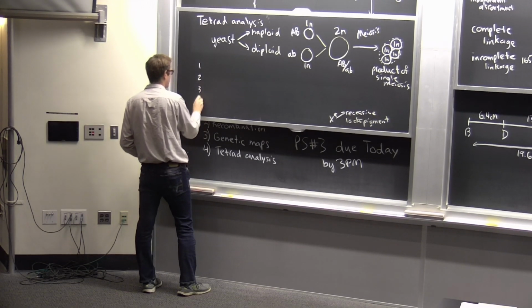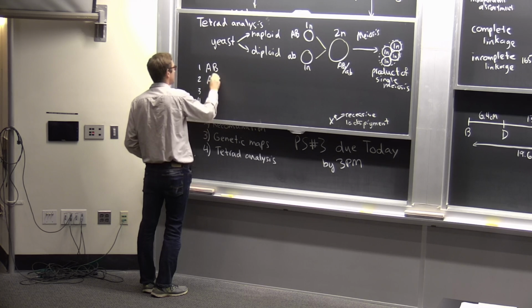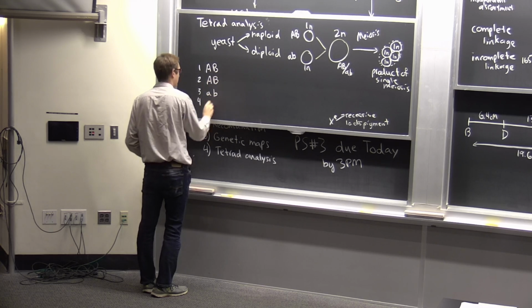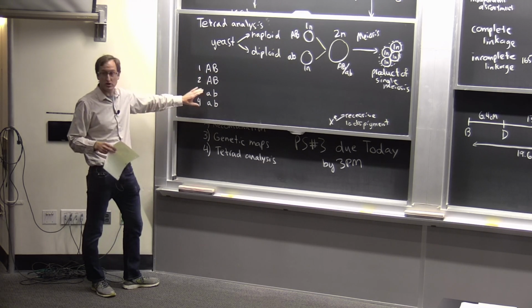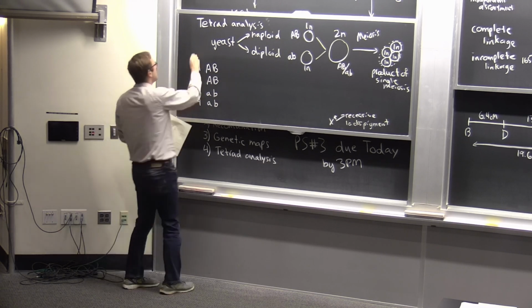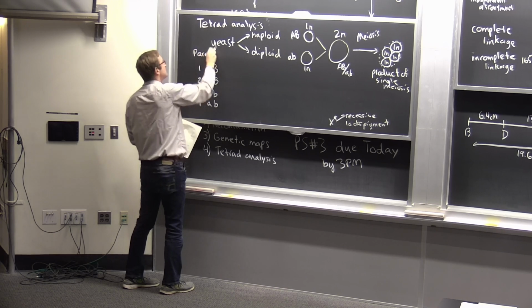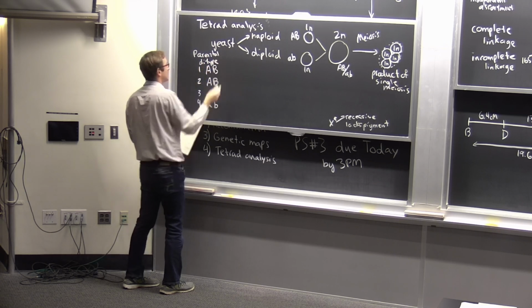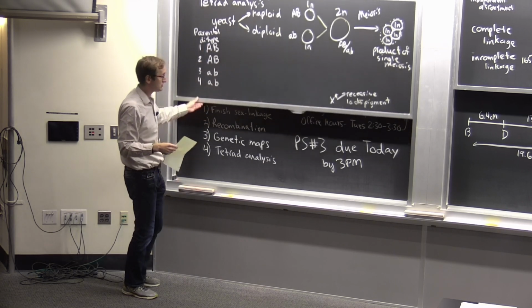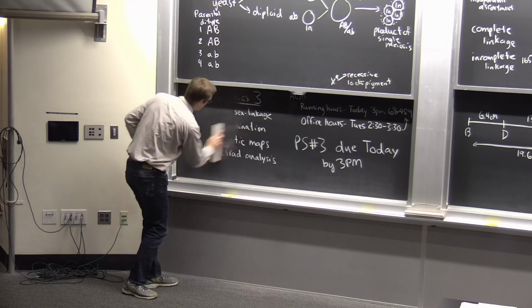In this case you get two spores that are dominant for both alleles and two spores that are recessive for both alleles. And because there are two types, it's known as a ditype, and this is a parental ditype because you have two types of spores and they are both parental.